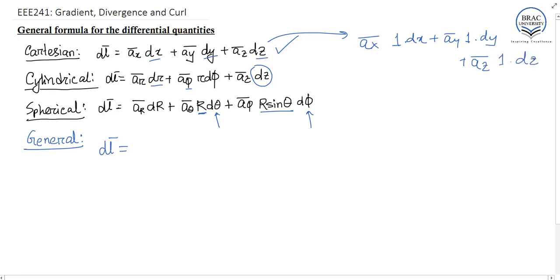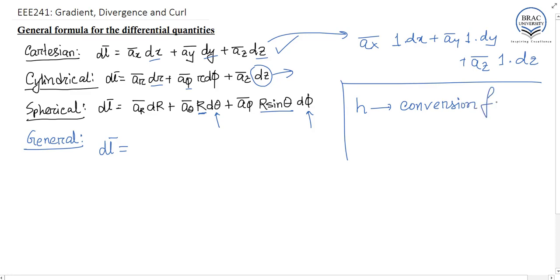So for the Cartesian coordinate system, any differential quantity that incorporates length will have a conversion factor equal to 1. The convention we'll follow has h as the conversion factor and u as the axis variable.